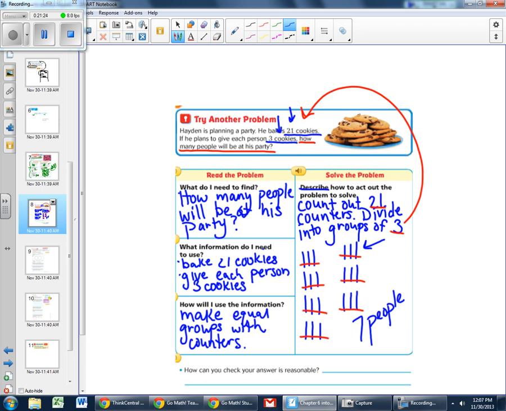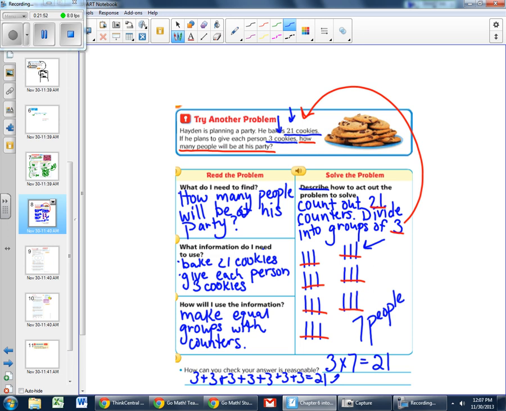And my check is 3 times 7 equals 21. Okay? You could skip count by 3. You could also do 3 plus 3 plus 3 plus 3 plus 3 plus 3 plus 3, which equals 21, which is the same as 3 times 7 equaling 21.